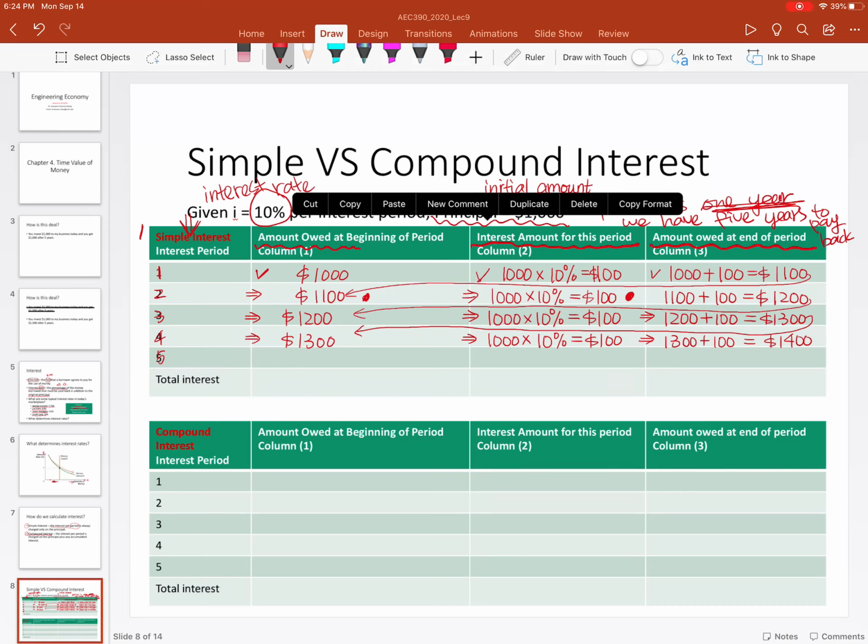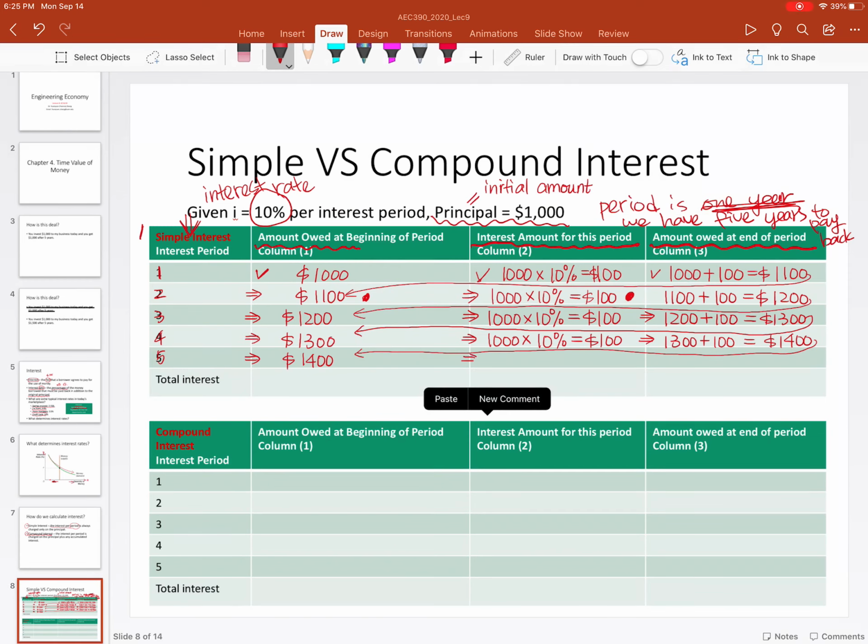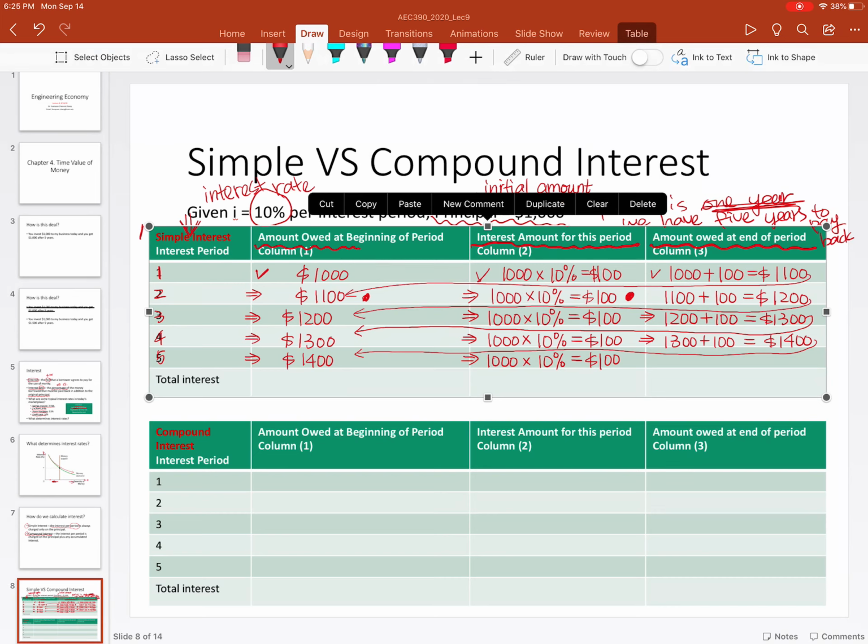And that 1,400 at the end of the fourth year will become how much you owe at the beginning of the fifth year, right? So in this cell, you just copy that 1,400 US dollars. And the interest, because it's still simple interest, is still the principal times the 10% interest rate, still 100.